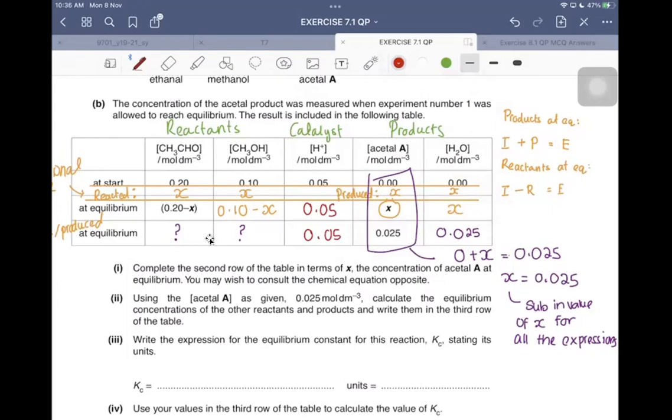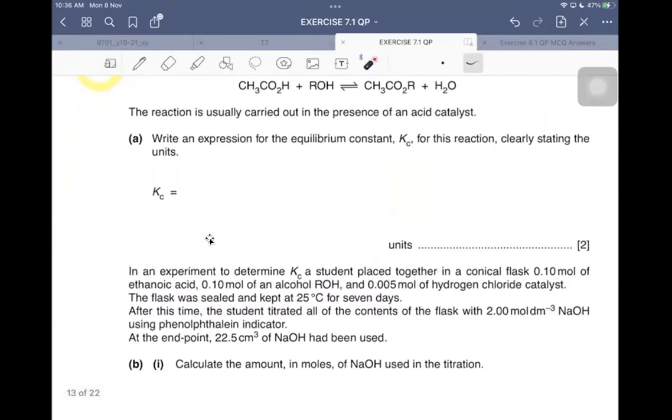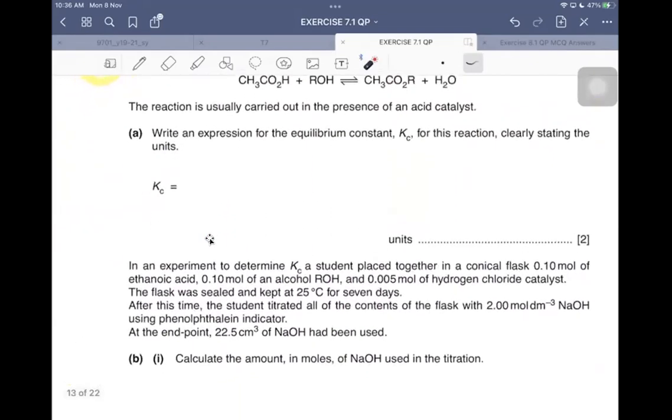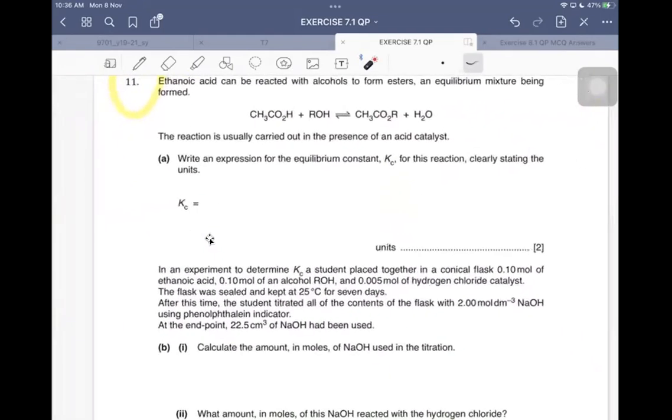Once you have completed this table, take the values of the very last column, because those are the concentrations at equilibrium, and these are the values that you want to use in your Kc expression. You can hopefully work out the Kc values. Now question 11 involves a little bit of calculation, so I will help you with that.